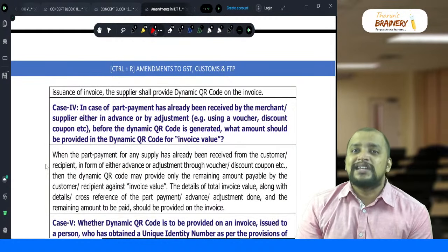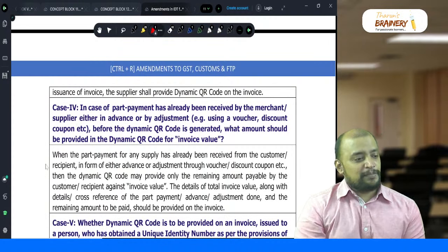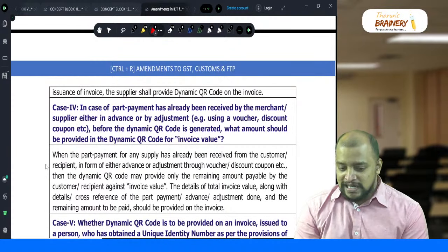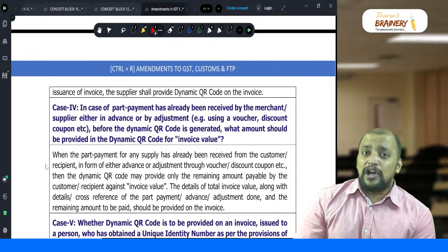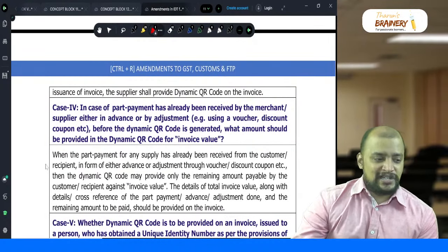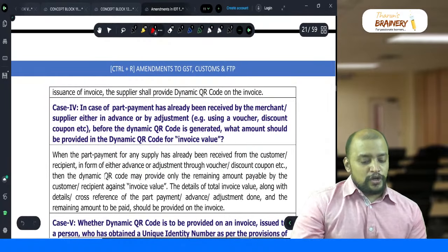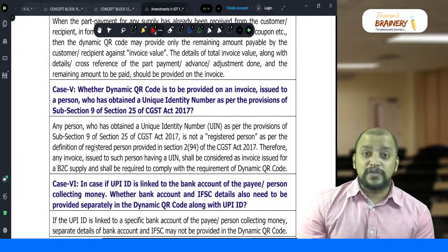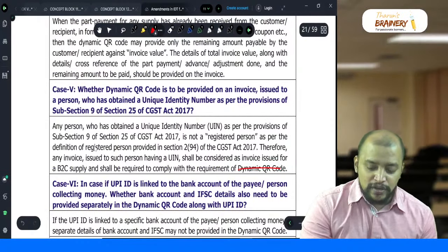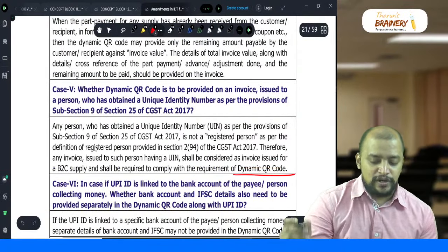So it's B2C. So only dynamic QR code is applicable, not B2B. It's B2C only. Just because of giving a refund, one identification is given. So don't call them registered. B2C. So which one is applicable? Dynamic QR code only.